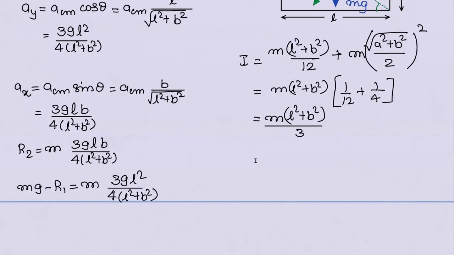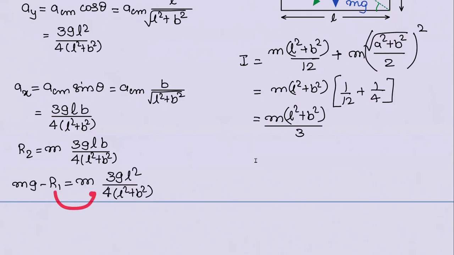After this, it is purely mathematics. Can you calculate? Yes. What to do? This R1, bring it here. This entire value, take it there. So that implies R1 is equal to mg, I'll take common, mg into 1 minus 3L square by 4 into L square plus B square.